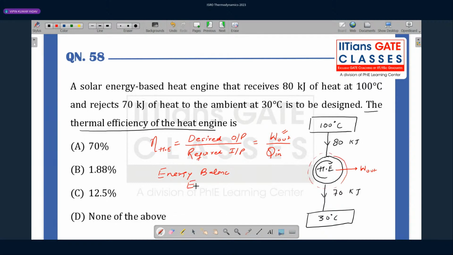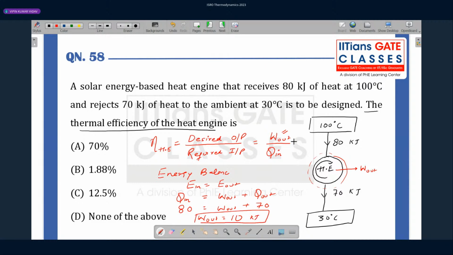So energy in is equal to energy out. What is coming in? Q in is coming in. What is going out? Work output plus Q out. So 80 is equal to work output plus 70. So work output is equal to 10 kilojoule.